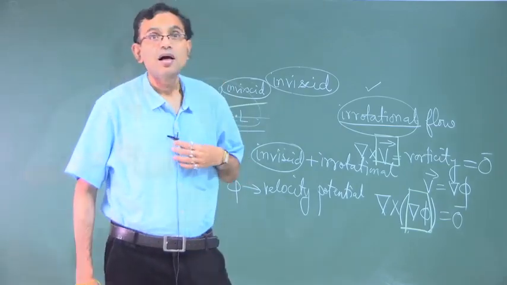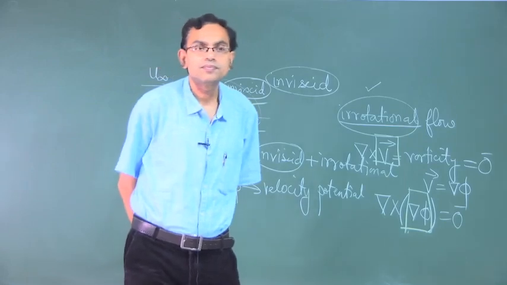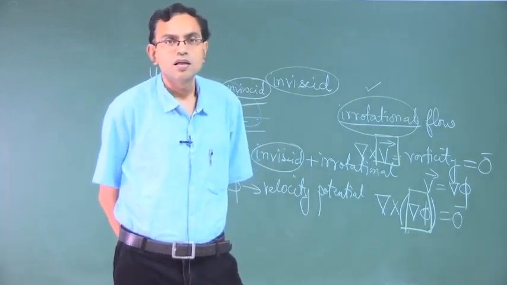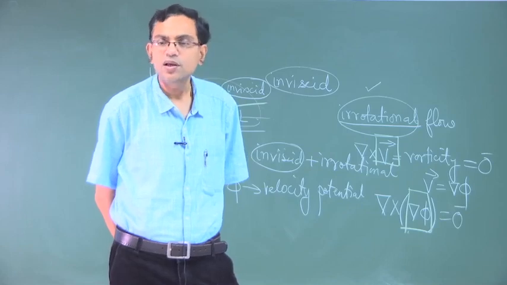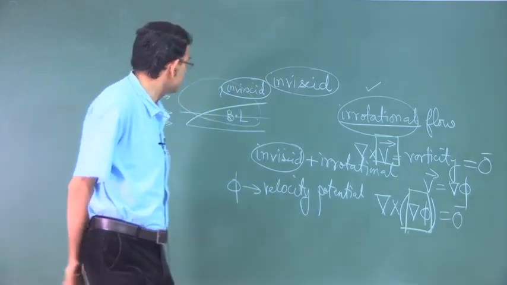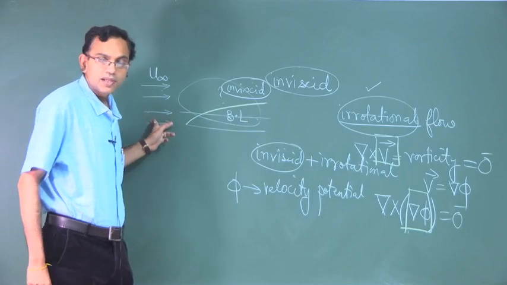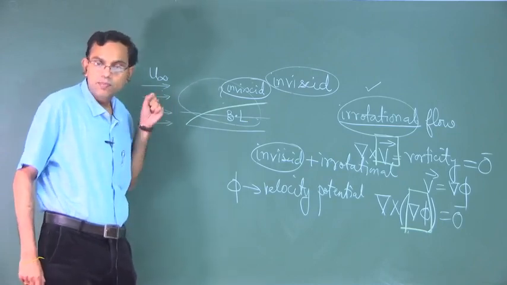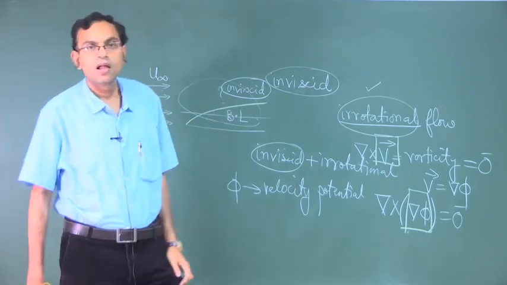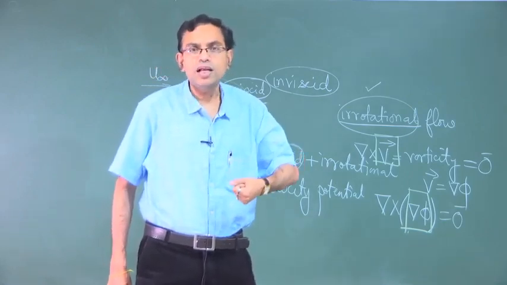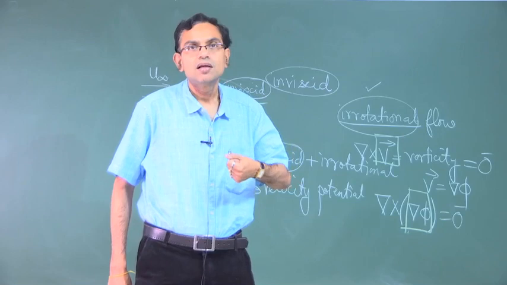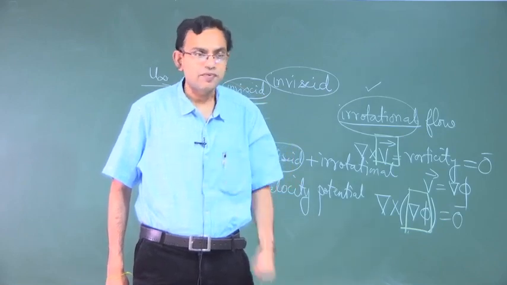In the outer region the flow is inviscid and irrotational in this example, because an irrotational flow was already imposed on it. In the inside of the boundary layer, flow is definitely characterized by viscous effects.